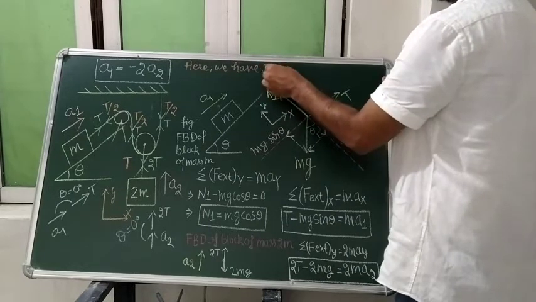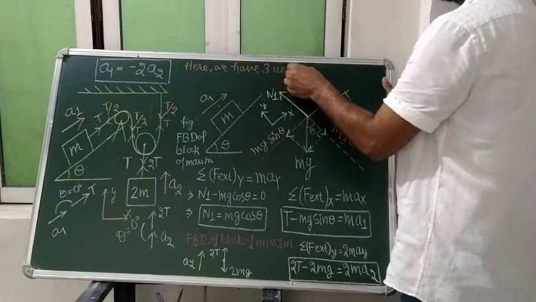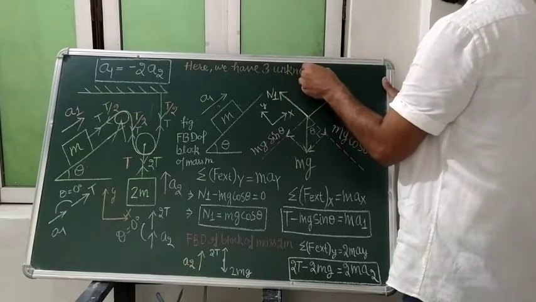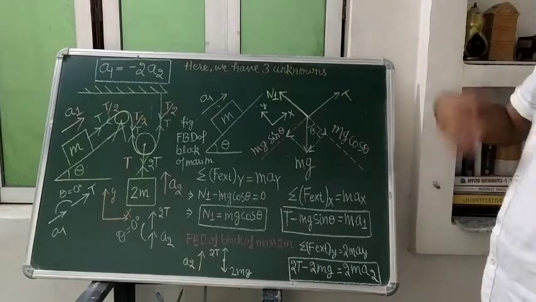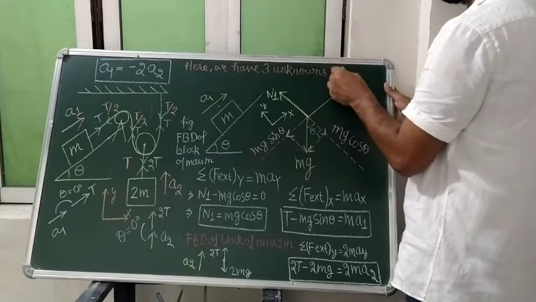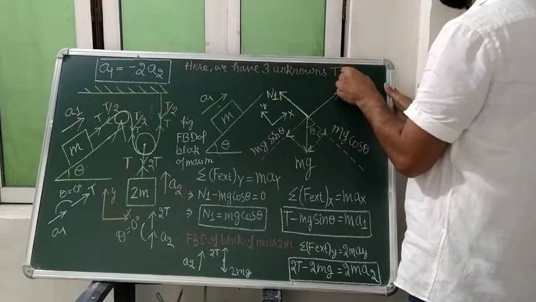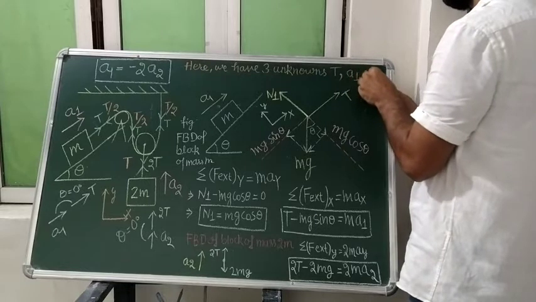How many unknowns? Three unknowns. And what are those three unknowns? T, A1 and A2.